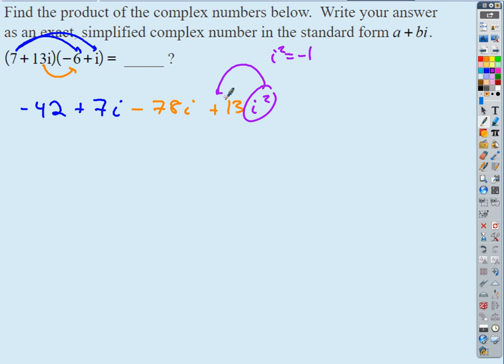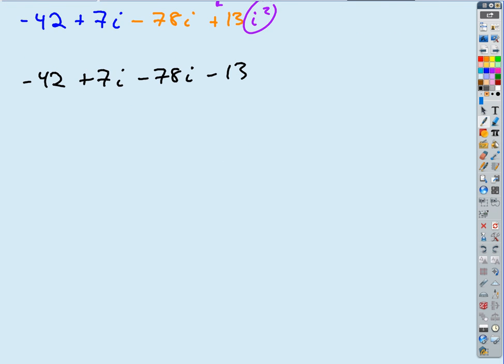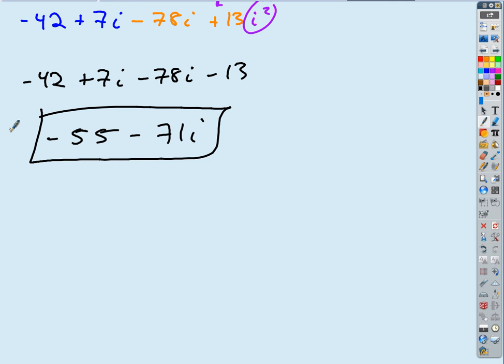So we end up with negative 42 plus 7i minus 78i minus 13. If we combine like terms, negative 42 and negative 13 is negative 55, and 7i minus 78i is negative 71i.